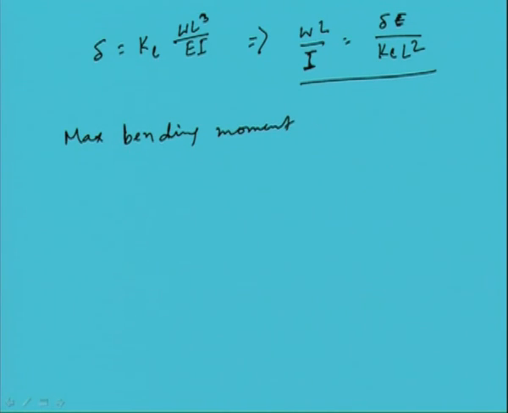Maximum bending moment, say M, we can also find out as Km into WL in this expression, where Km is the moment coefficient. So, these two things we can write.